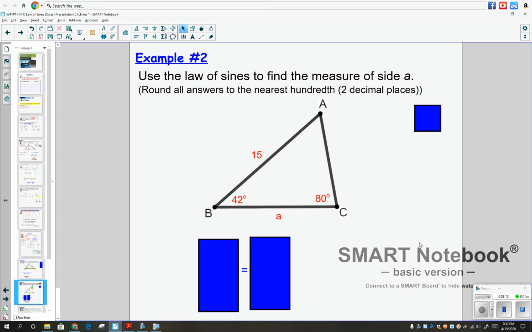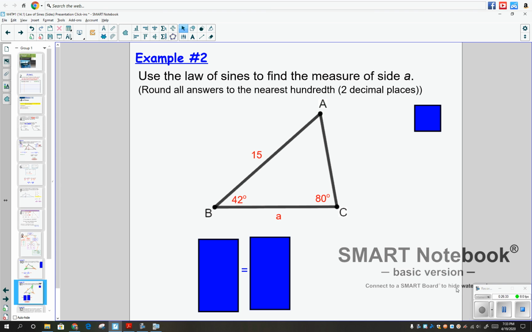Example number 2. I need opposite pairs, not a right triangle. Because if I do measures here, angle A is 58 degrees. So nope, angle A is not a right angle. I don't have a right triangle. Well, I need an opposite pair.